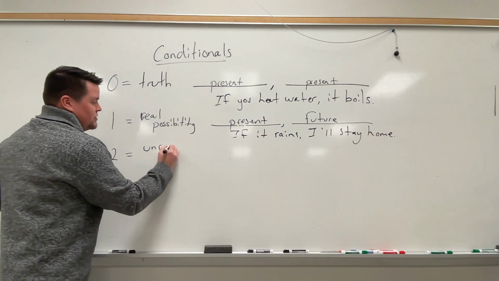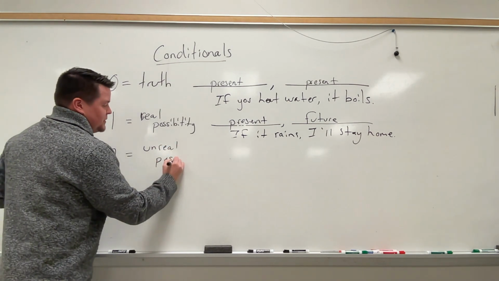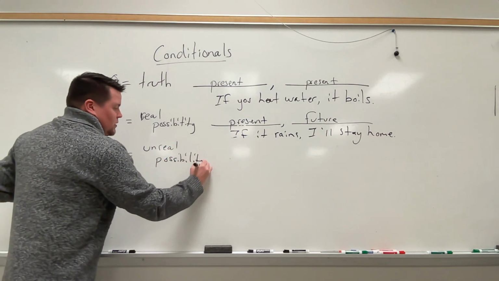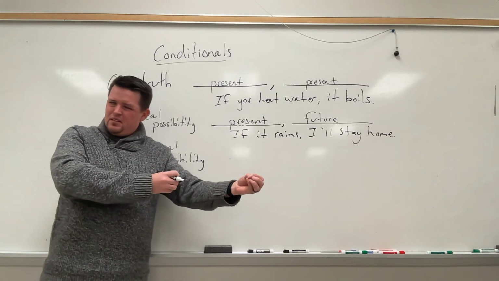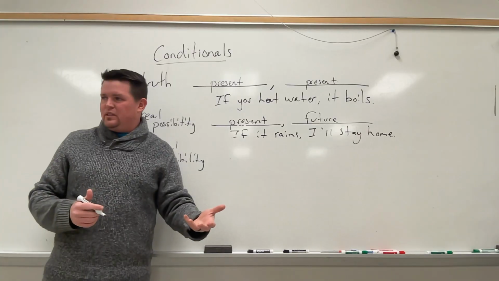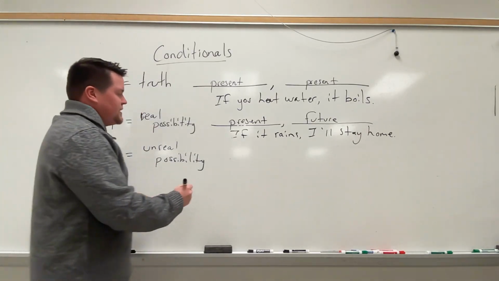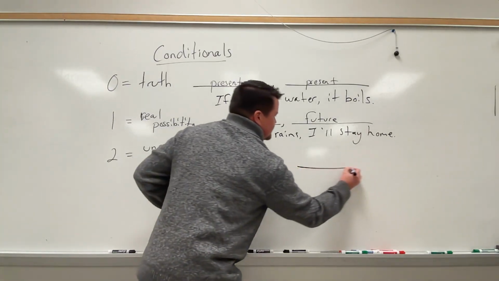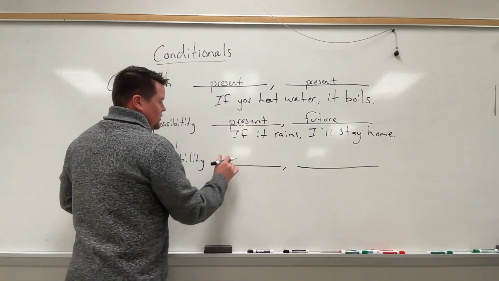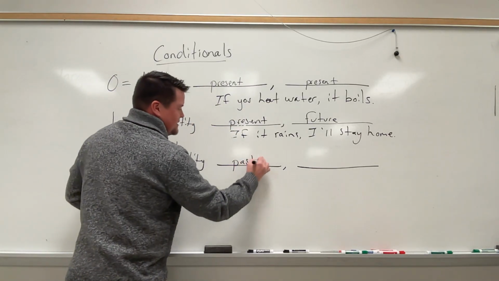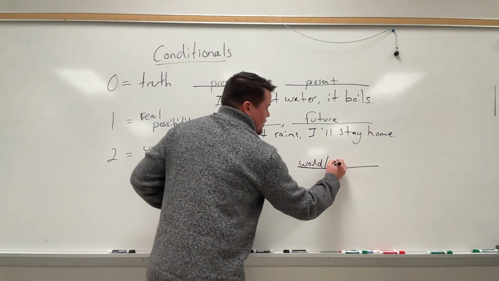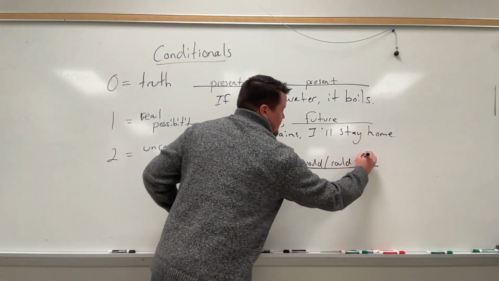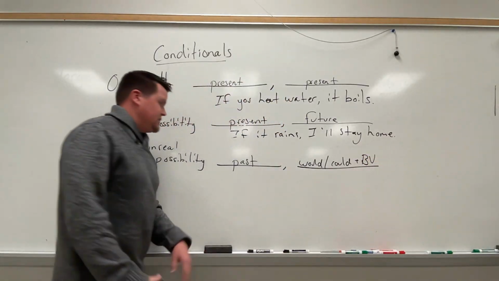And then we would use unreal possibilities, where it's technically possible, it can happen, but we don't think it's going to happen. So for this one, it's a little bit different. We use the past tense in the if part, and then we use would or could plus the base verb.